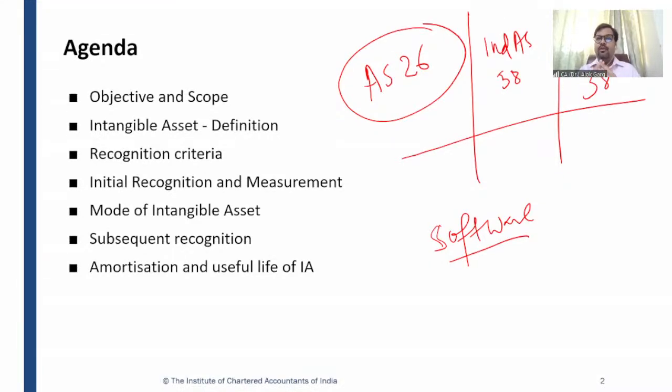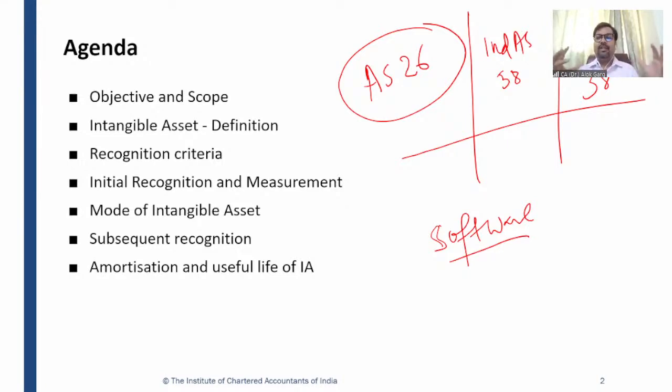So you all have an aerial view of what is intangible asset and how it is different from tangible asset. Tangible asset is something which we can see, right? For example, building: you can see it, touch it, feel it. But as far as intangible asset is concerned, we cannot see it.